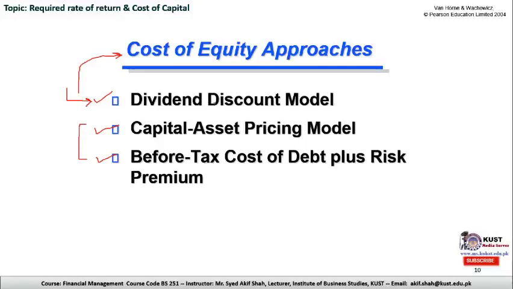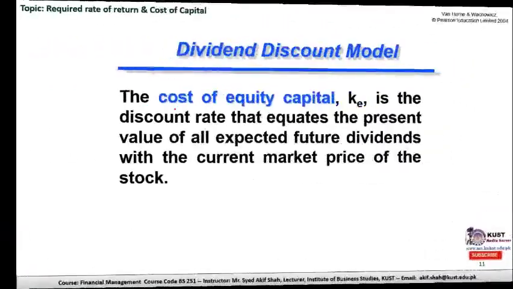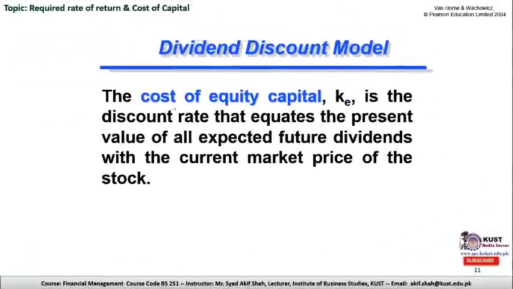So let's discuss the first approach, which is named the dividend discount model. If you remember, in chapter number 4, in the valuation chapters, we have already discussed the dividend discount model in order to find out the value of the common share.